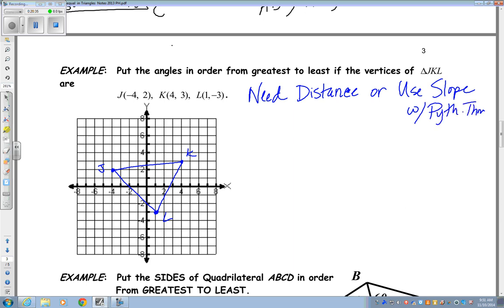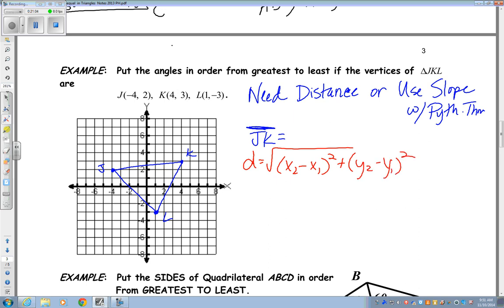All right, so let's start with JK. We want to find that distance. How would y'all like to do it? Are we going to use the distance formula or are you going to use slope? All right, the distance formula says we have to take (x2 minus x1) squared plus (y2 minus y1) squared.